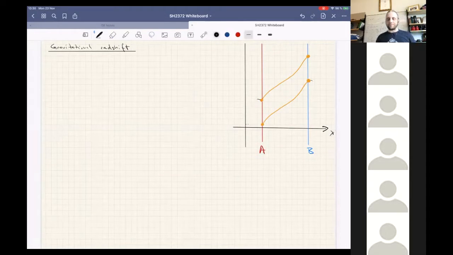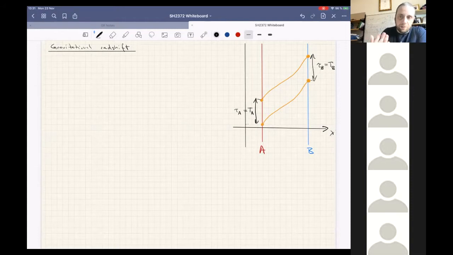So the question now is, if these two light signals here represent successive wave crests in a light signal that is sent from A to B, then this T0 that we had here would be the period of the wave observed by A, and likewise the proper time here, tau A. And here tau B, the proper time experienced between the wave crests for the B observer, would be the period of that wave for the B observer.